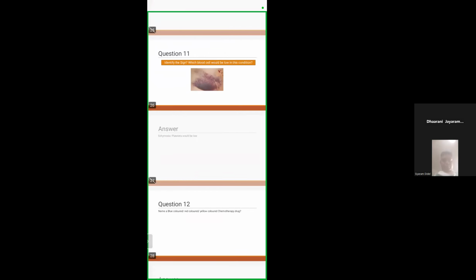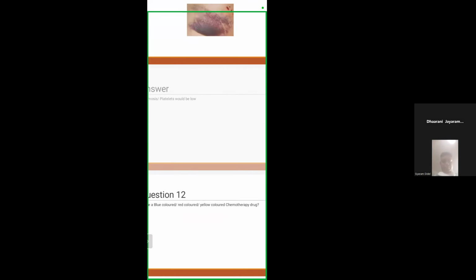So you must all be knowing these colored medicines. Can anyone try blue colored medicine in chemo? Blue colored chemotherapy, red colored chemotherapy, yellow. Any guesses?